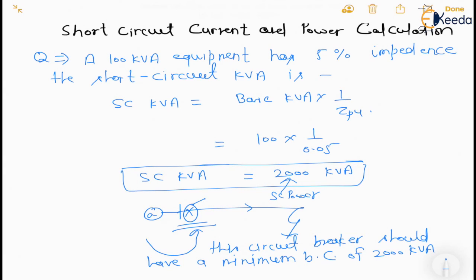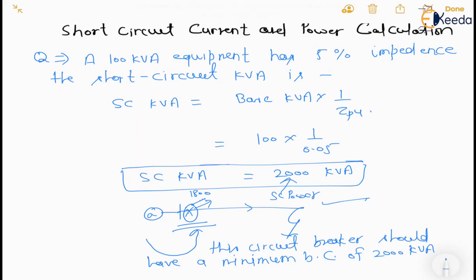If you apply a breaking capacity of 1800 MVA, let us assume, and the fault occurs that has 2000 kVA, then what will happen? The short circuit power is greater than the breaking capacity of 1800 MVA, so this circuit breaker will get damaged.